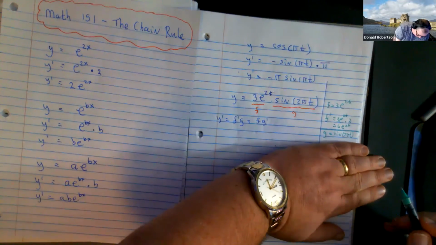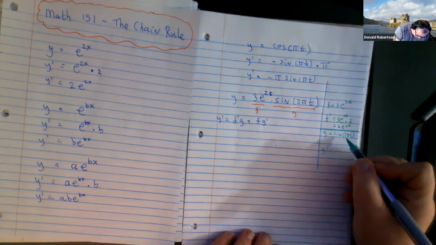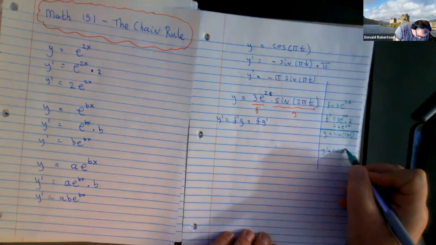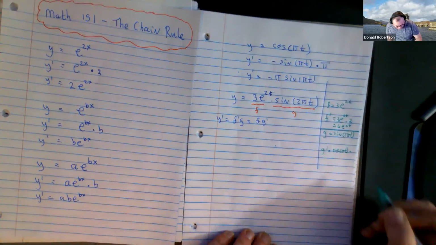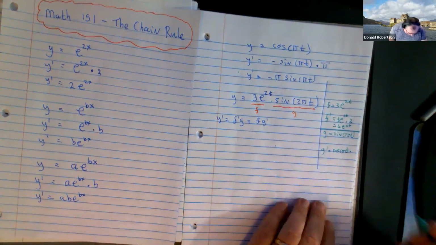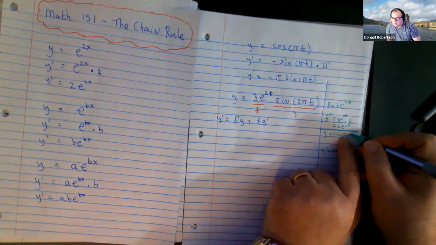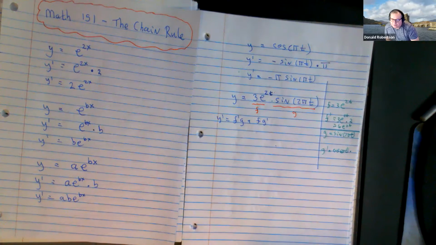Right. Let's do the derivative of this guy. Sine of something, its derivative is the cosine of that something, times, and what's the derivative? Oops, there's a 2 there. What's the derivative of 2 pi t? What do you get for the derivative of 2 pi t?